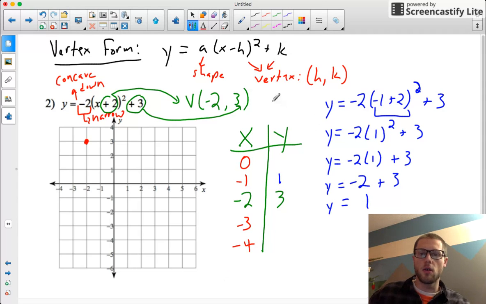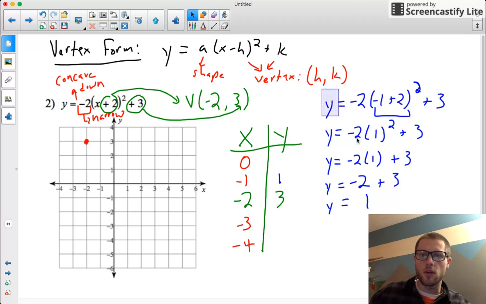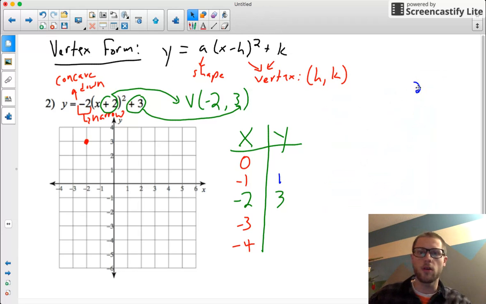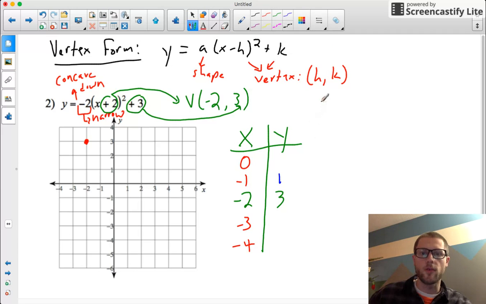All right, so let's do that again. I'm going to see if I can delete all this stuff. Yep, okay, well, almost all of it. And we're going to do it again, and this time we're going to plug in 0 for x. So I've got y equals -2 times (0 plus 2) squared plus 3. And again, I want to start with parentheses here.